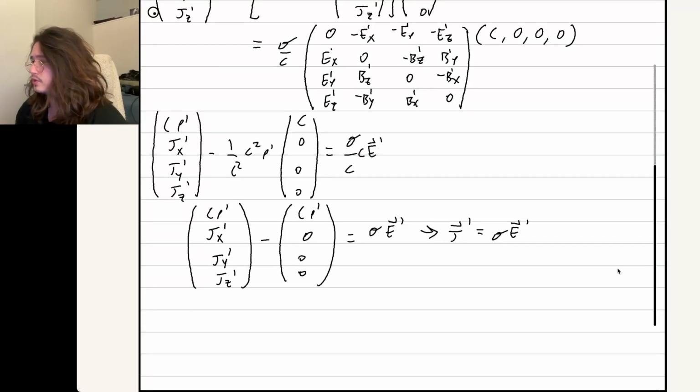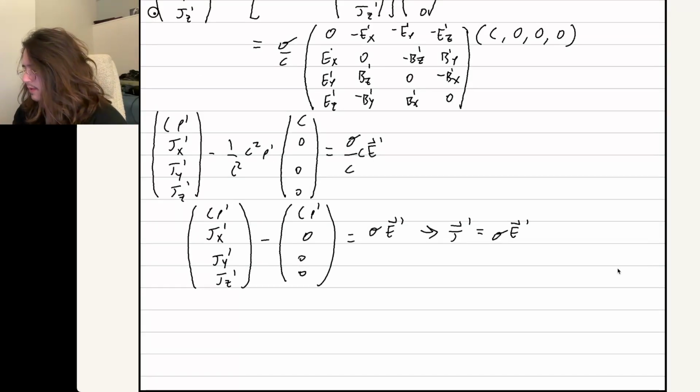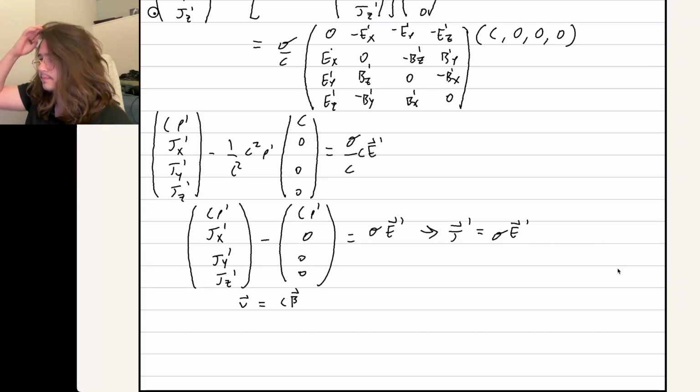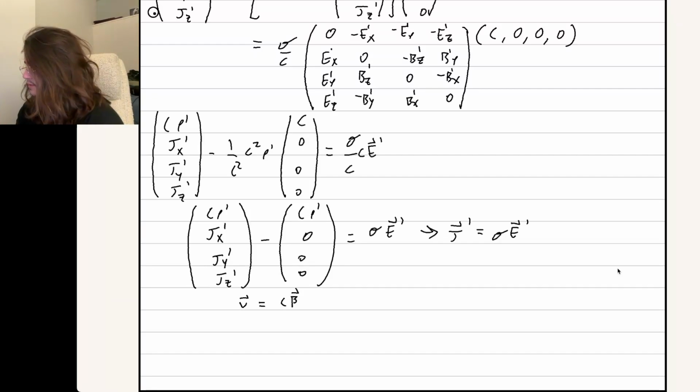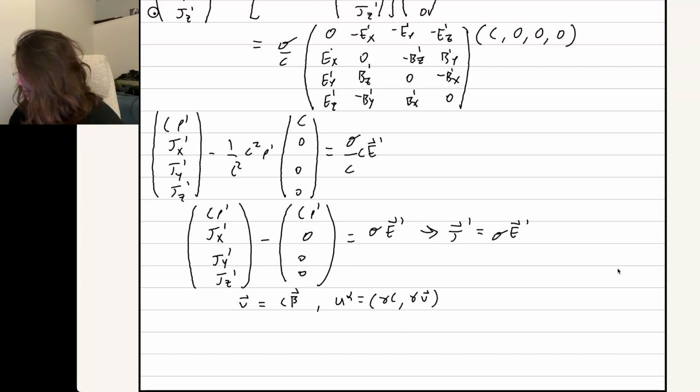Now we're going to actually move the thing. We're going to move the thing with the velocity c beta. And so u alpha actually has values in it now that aren't 0, so we have to redetermine what those are. So u alpha in the moving frame is going to be gamma c, gamma times the velocity 3-vector.